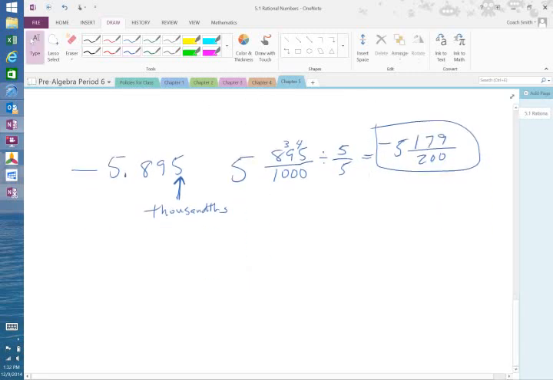Now, what is a number that is not a rational number? A number that would not be a rational number would be the square root of 5. Here's why.